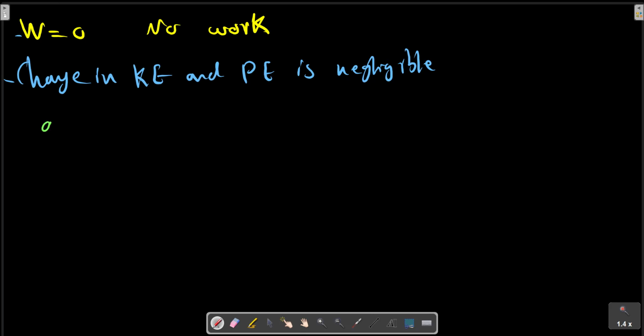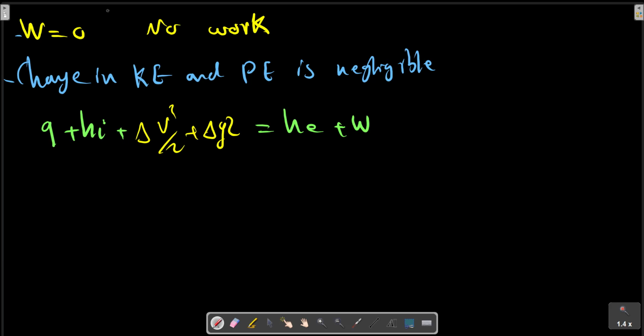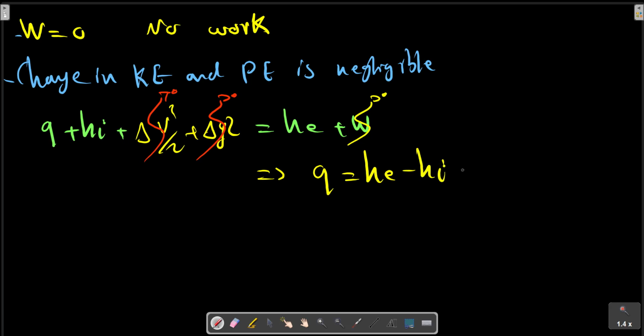So with this description, we have Q plus Hi plus kinetic and potential energy, delta V squared over 2 and delta gZ, equals He plus W. In this case the change in kinetic and potential energy equals 0, and W equals 0, so Q equals He minus Hi, or Q dot equals m dot times He minus Hi for a heat exchanger.